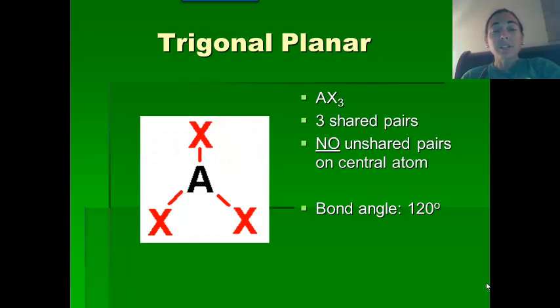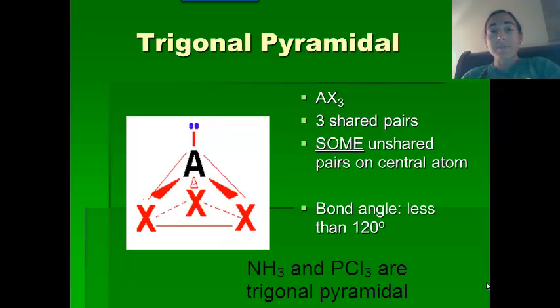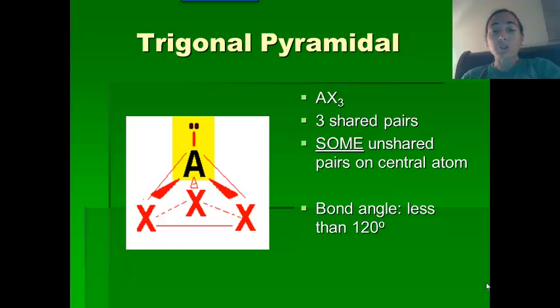Trigonal planar is very similar to this next structure, Trigonal Pyramidal. The formulas are the same, as a matter of fact, AX3. But you see the difference here is that there is an unshared pair on that central atom A. That unshared pair causes those single bonds to be pushed downward, and the molecule goes from being planar or flat to being pyramidal, shaped like a pyramid.